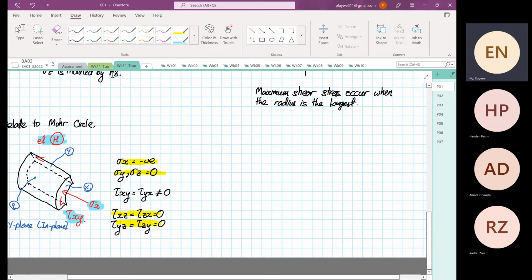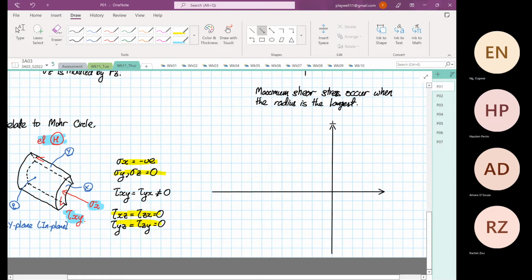So we're going to sketch a 3D Mohr circle. I'm going to focus on the compression because I assume that the normal stress is compressive. So this is our normal stress. Shearing stress element rotate clockwise, shearing stress element rotate anti-clockwise.